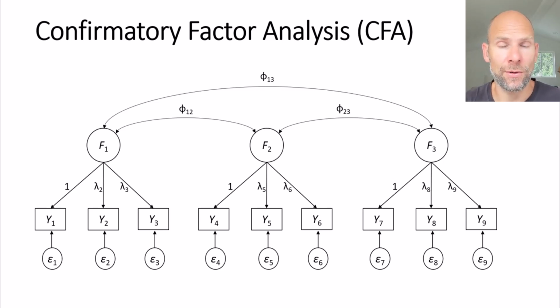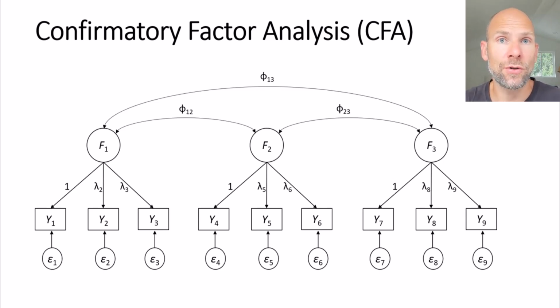So in a confirmatory factor analysis, we estimate the factor loadings, we estimate error variances, we sometimes also estimate intercepts for observed variables and potentially latent means. But of particular interest typically are the factor loadings and the factor correlations.